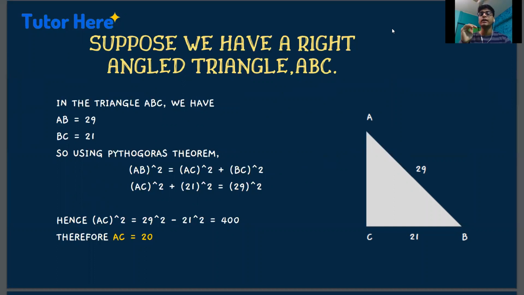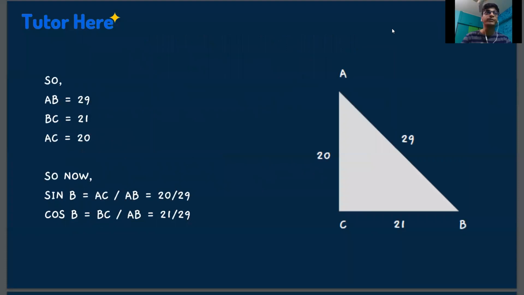Hence, AC square is 29 square minus 21 square, which is 400. Therefore, AC becomes 20. Let's update the triangle. So now, sin B is equal to AC by AB, which is 20 by 29, and cos B is BC by AB, which is 21 by 29.